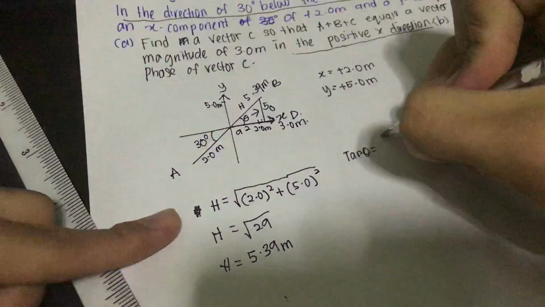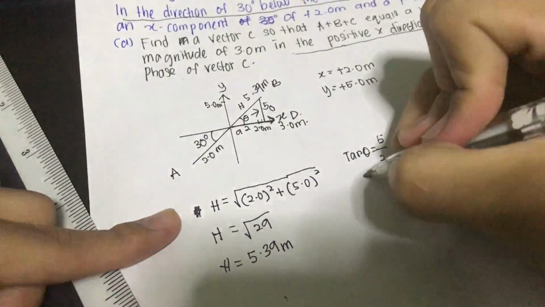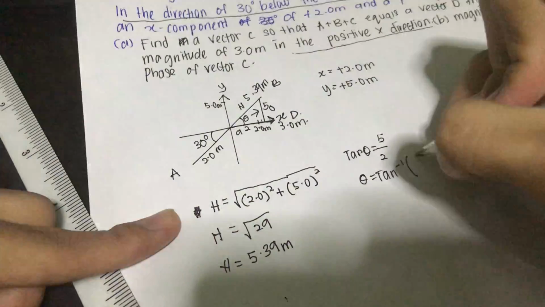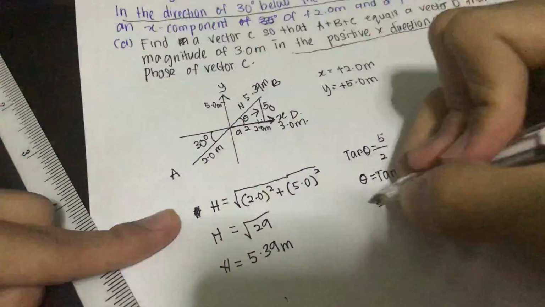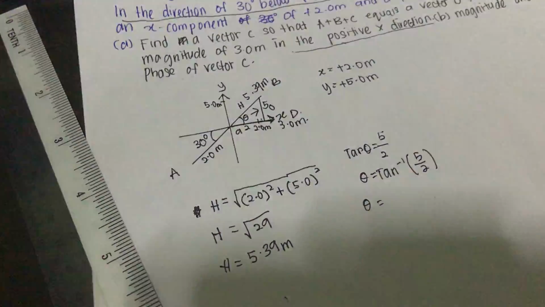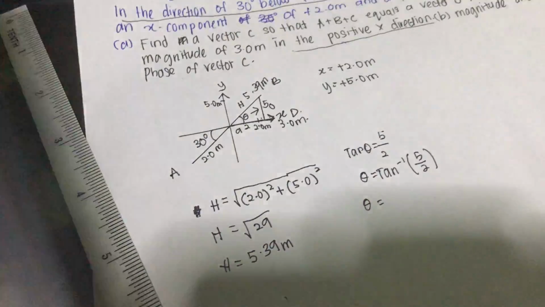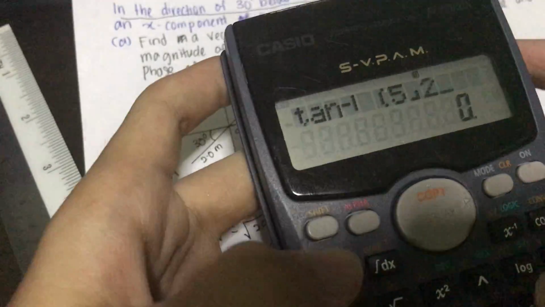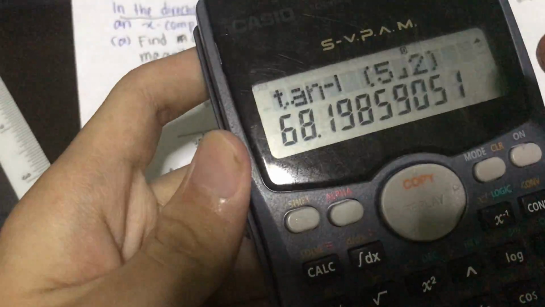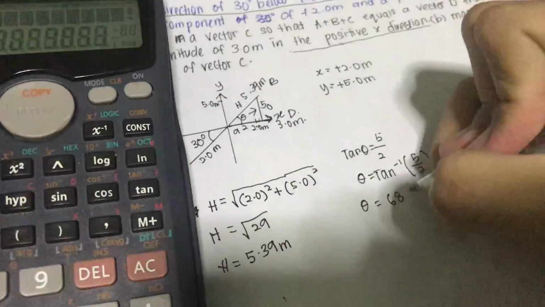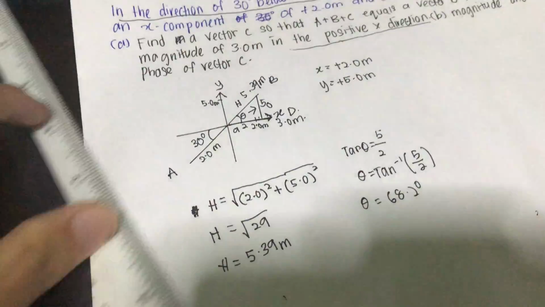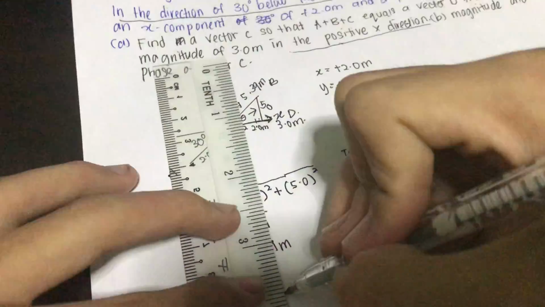Tangent of theta equals 5/2, and we get 68.2 degrees. Alright, so next we find vector C.